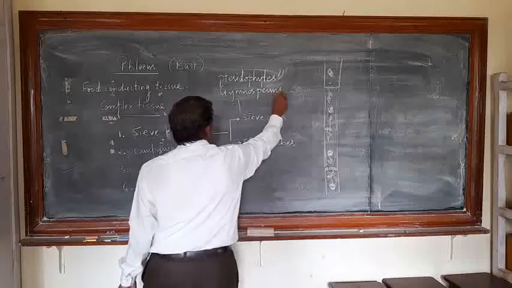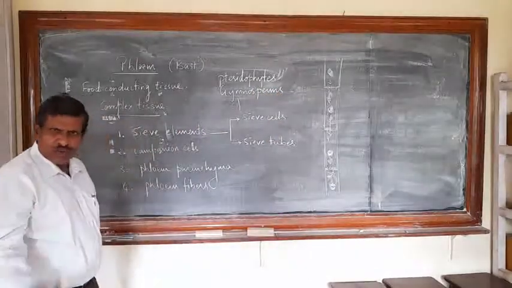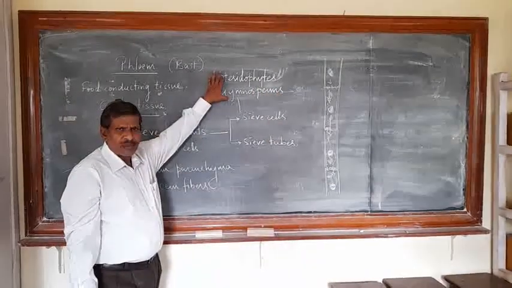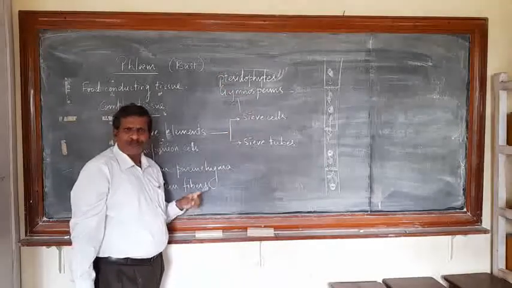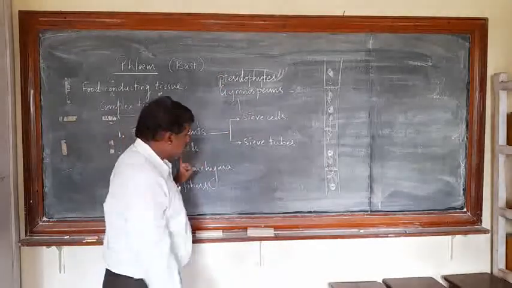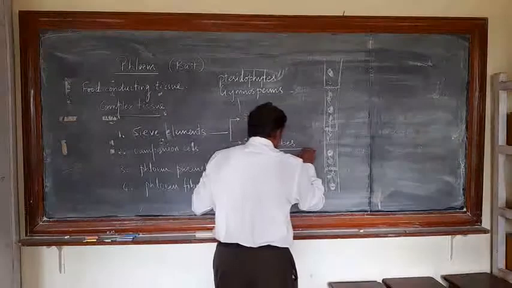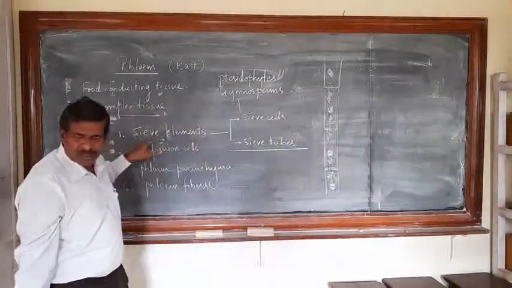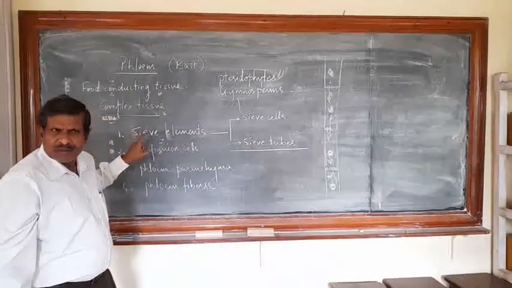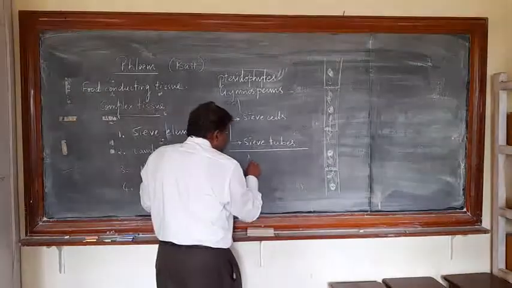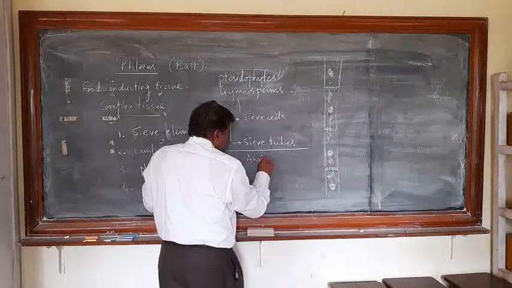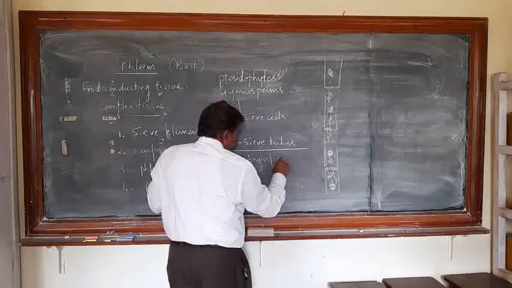In these two groups of vascular plants, you can see the sieve cells. As far as sieve tubes are concerned, sieve tubes are the advanced sieve elements. They are usually present in flowering plants such as angiosperms.